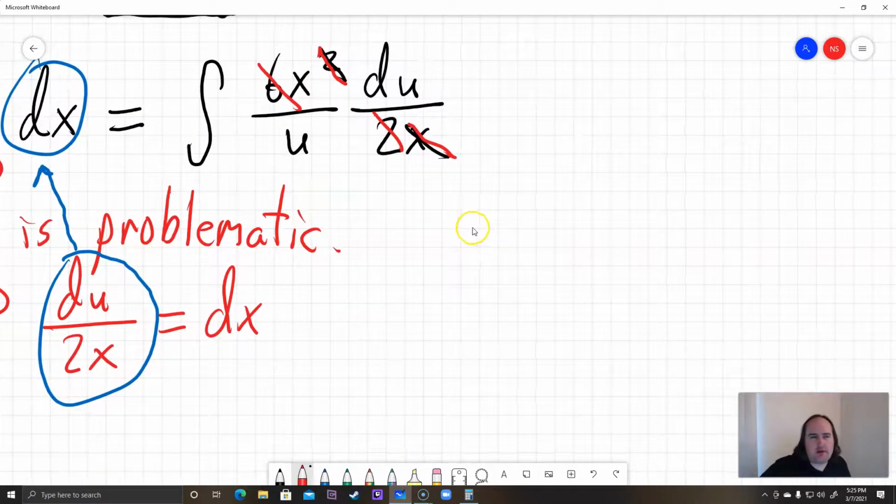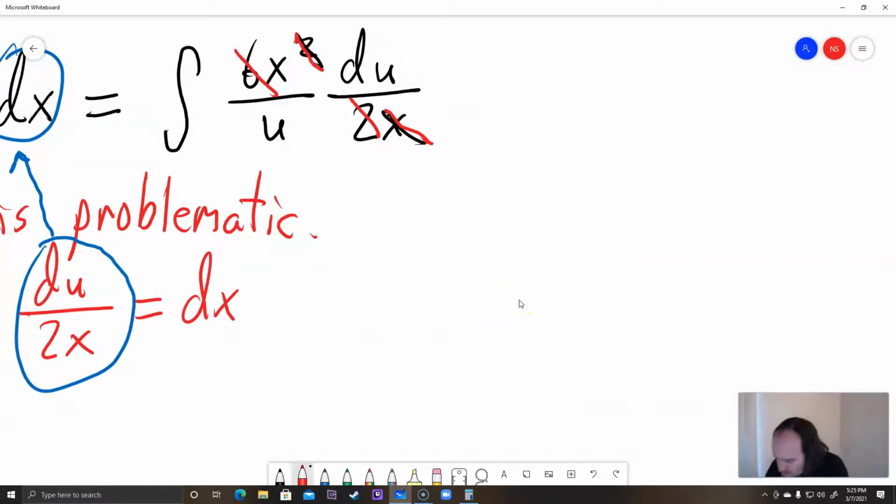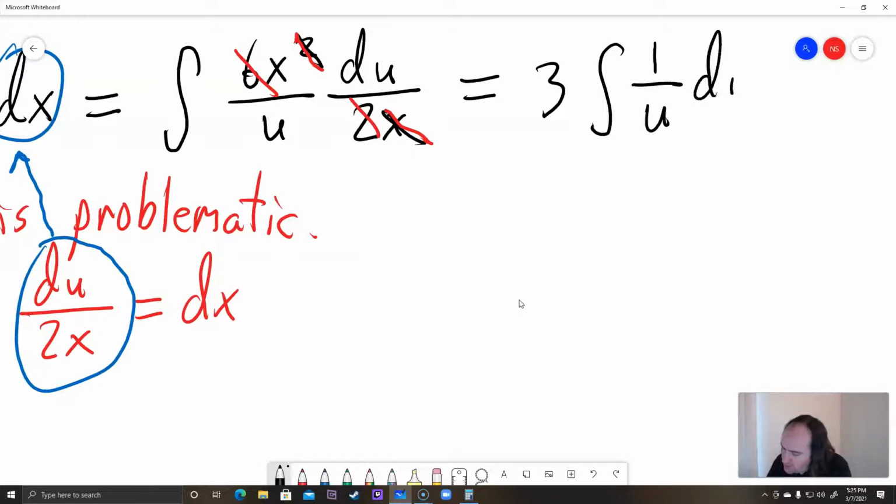But now your integral's in terms of two variables, which is just a mess. You can't really do anything with it. So you got 3 times the integral of 1 over u du, but then there's still an x there. So it's really x over u du. And the problem is you can't have an integral in terms of two separate variables unless it's a double integral. And we're not doing a double integral here.